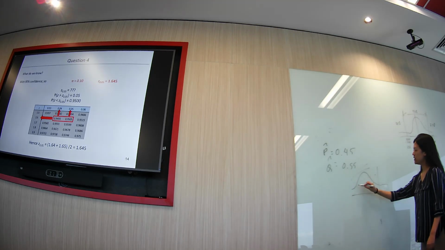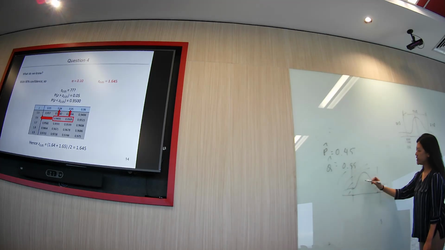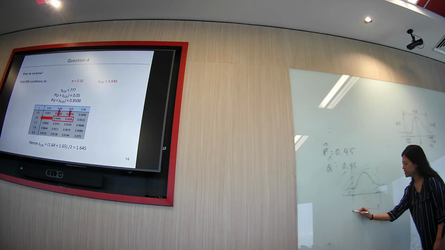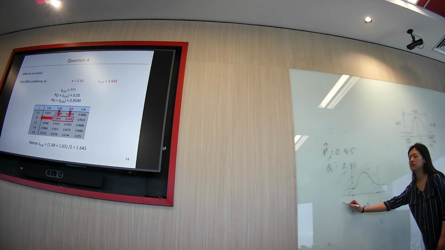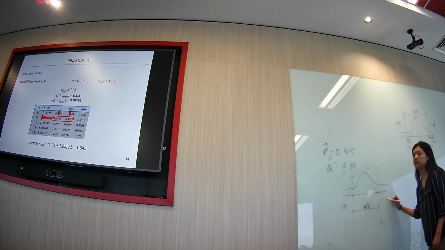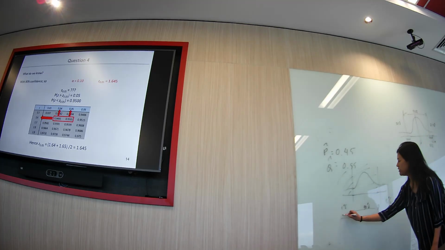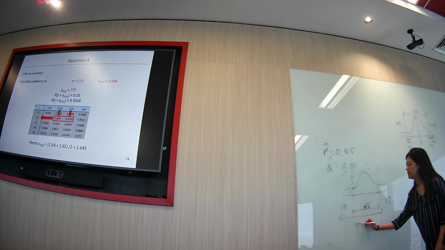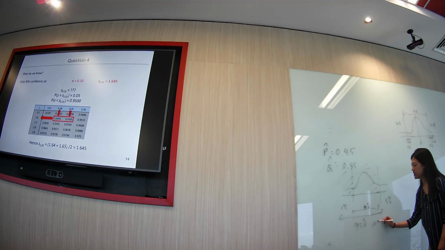If you care about this area, and the level is 90%, then this one will be 5%. Because you care about this one, this area will be around 95%, so 0.95.